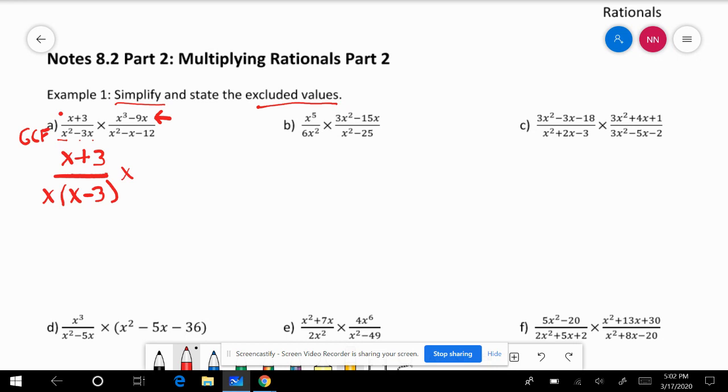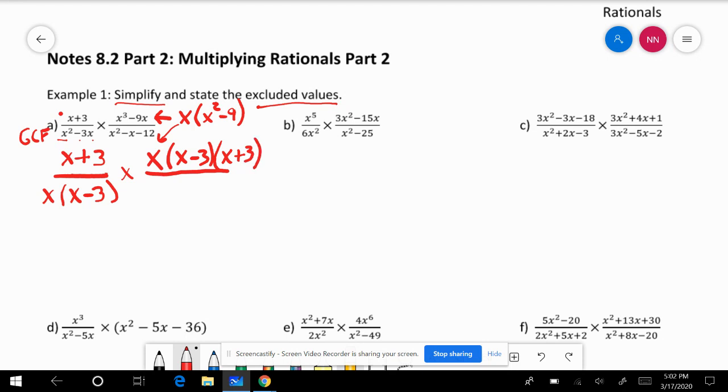First, they have an x in common. Then, after we factor out an x, we have an x squared minus 9. That right there is our special factoring pattern. So what we have for that second fraction is an x from here, and then when we take the square root, we get x minus 3 and x plus 3.